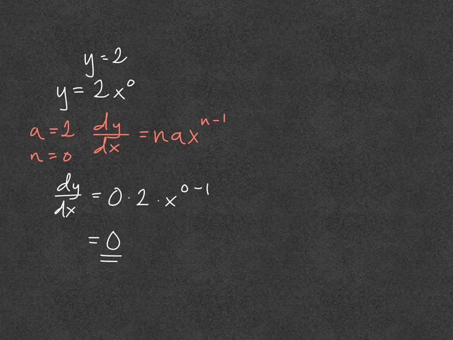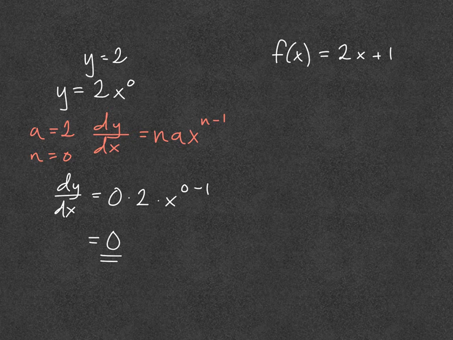If we want to differentiate the other function, and now I'll just use the other notation just to show you, f of x equals 2x plus 1. And our function then, we could just as well write this as 2x to the power of 1 plus 1, because x to the power of 1 is x.